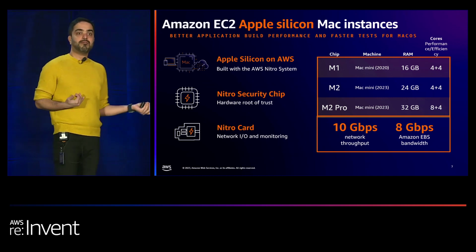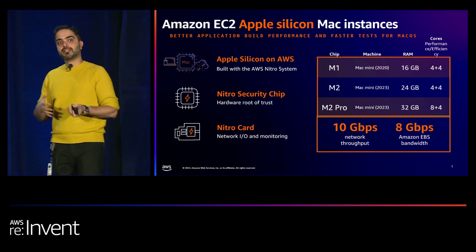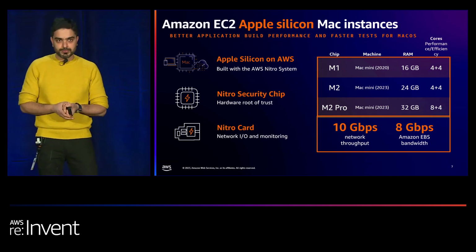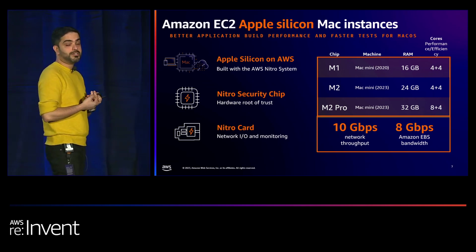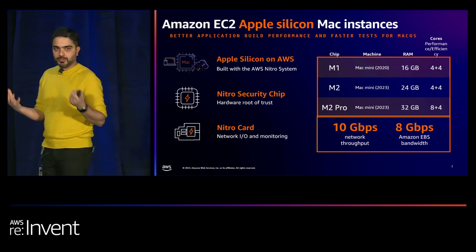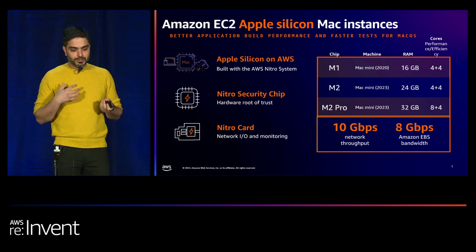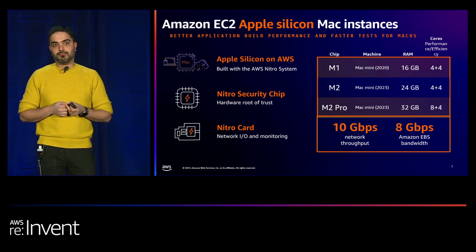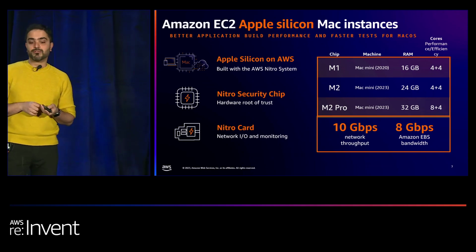Along with M1, they offer one of the broadest choices of Apple Silicon Macs in the cloud that you would find anywhere. Depending on how much CPU or RAM your workload requires, or, for example, if you have specific GPU requirements to run graphics-intensive tests, all of those are available today on EC2 in the form of different EC2 Mac instance families.